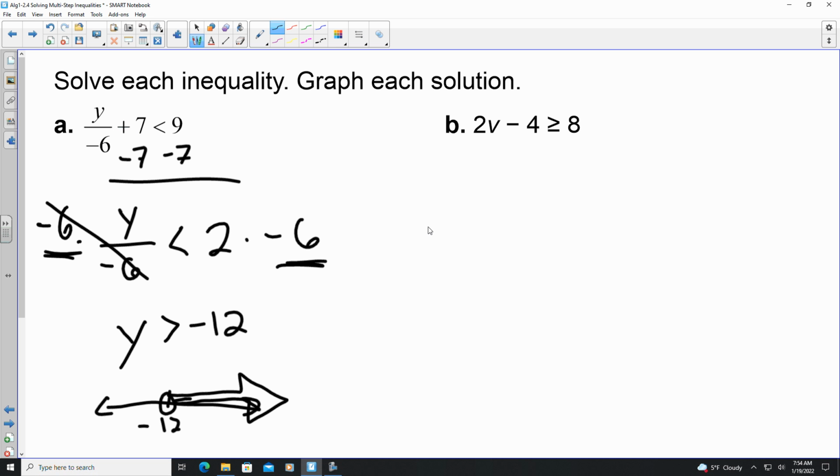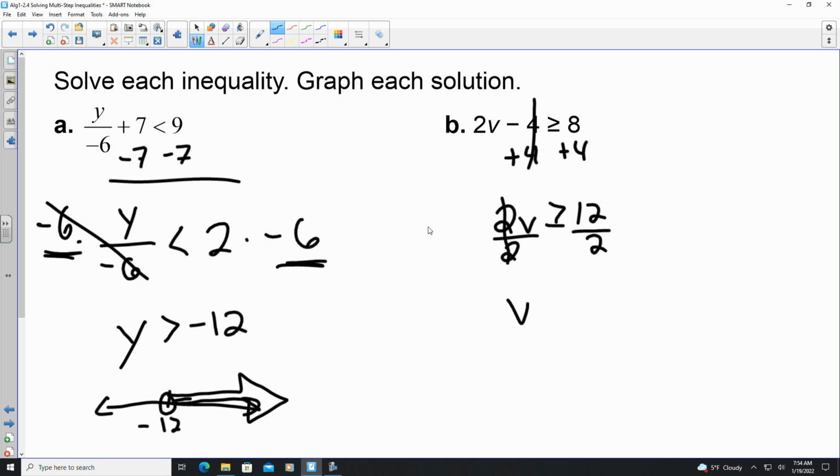Looking at example B, we have 2v minus 4 is greater than or equal to 8. So in this one, I'm adding 4 to both sides to get rid of that 4. So now I have 2v is greater than or equal to 12. Because I'm multiplying by 2, I'm going to divide by 2 to get those to cancel.